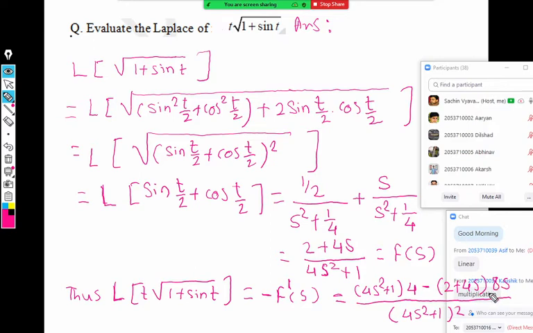So it is minus 16s square, plus 4, minus 16s, divided by 4s square plus 1 bracket square.